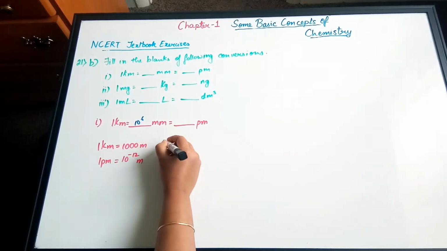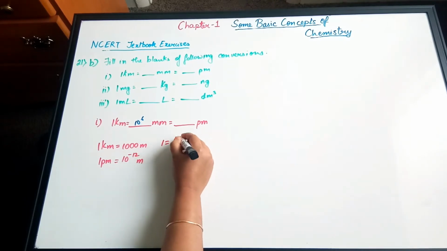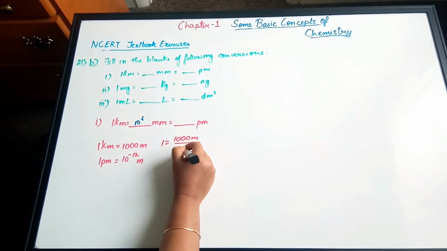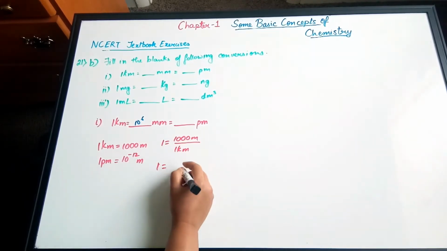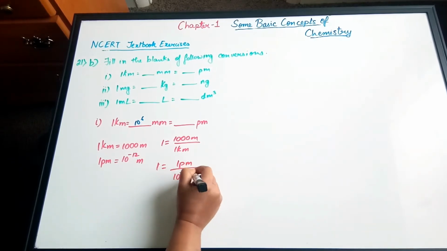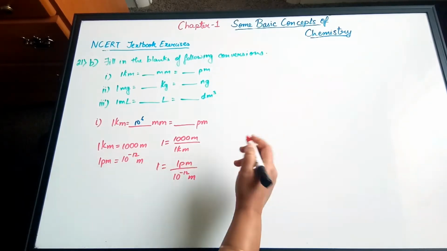So the unit conversion factors are 1000 meters divided by 1 kilometer and 1 picometer divided by 10 to the power minus 12 meters. We'll just substitute similar to the last time.